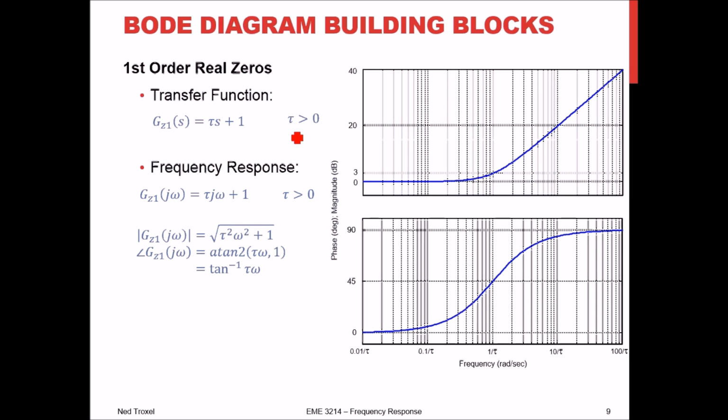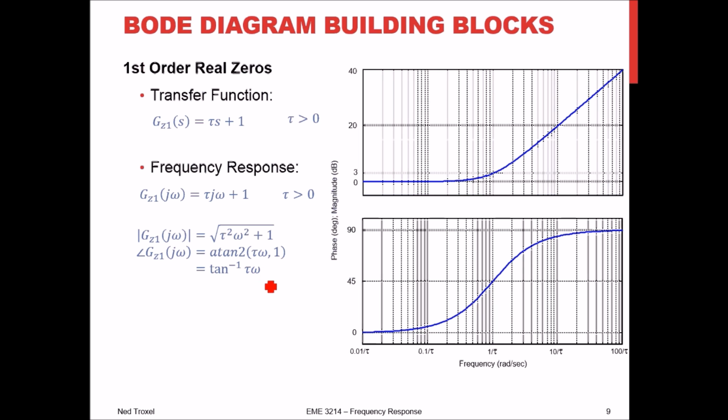Okay, so if you compute the magnitude, you see the magnitude is actually just the magnitude of the top, because the magnitude of the bottom is always 1. So we take tau j omega, the imaginary part is tau omega, so we square that, and 1 squared is 1.